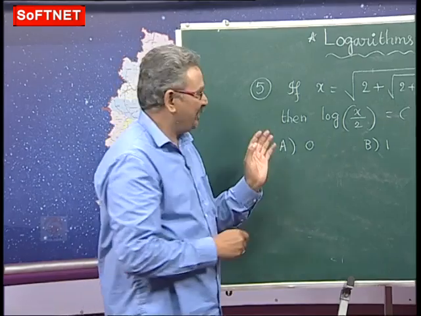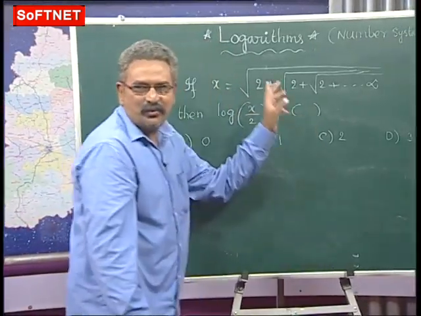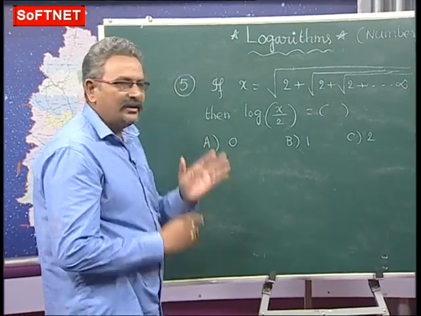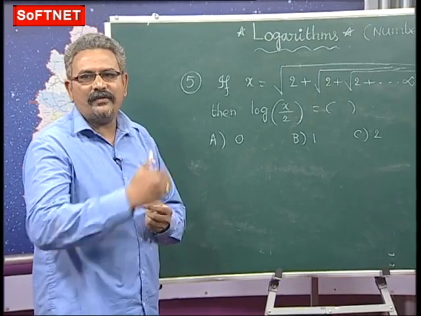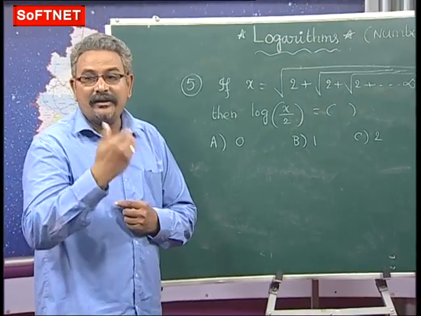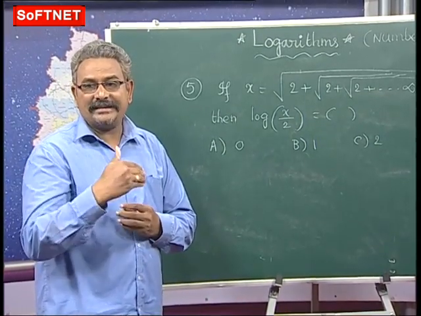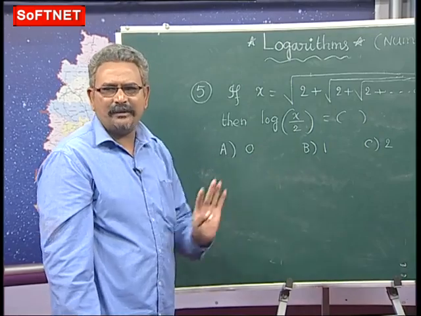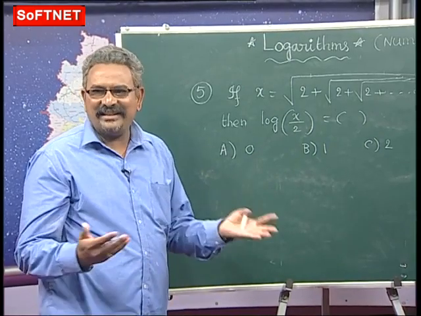Actually it is very simple. First we have to find out the value of x. Having evaluated the value of x, after that replace it here, whatever the valid base may be, so we get the answer.